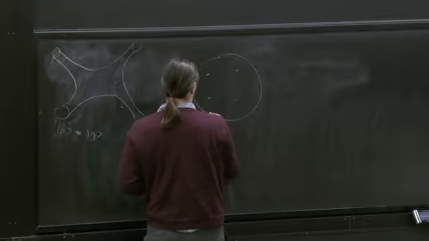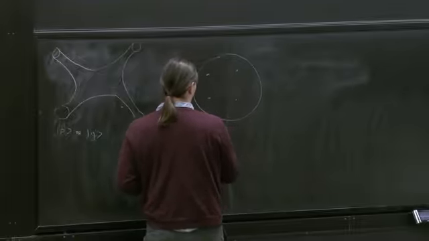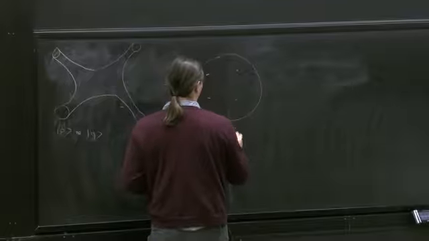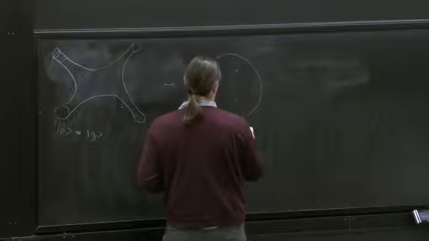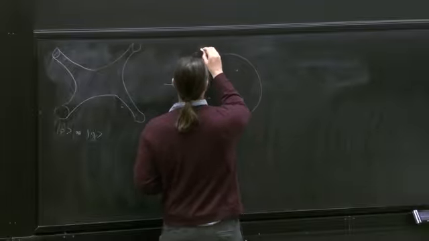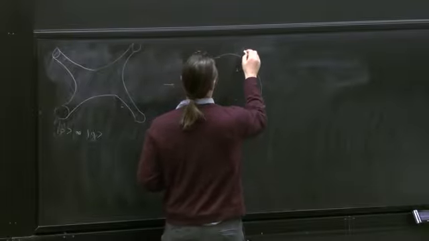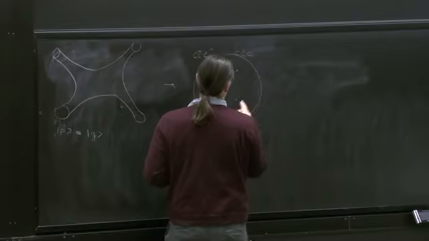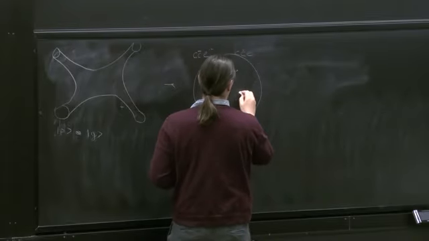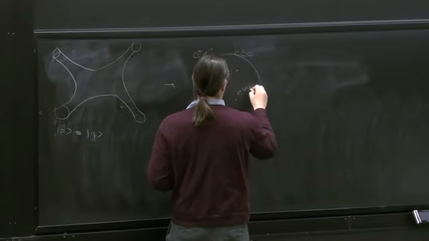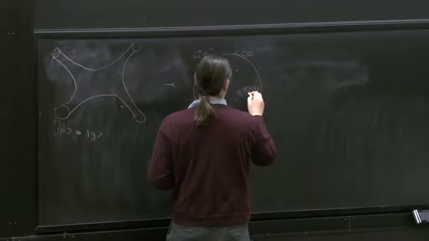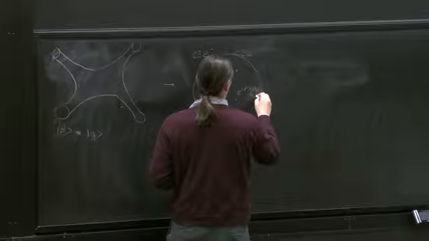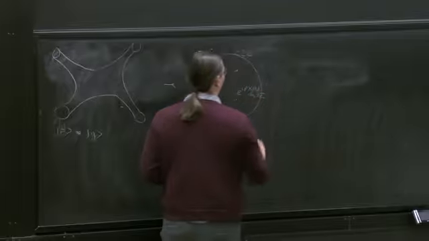with insertions which can be either c bar e to the i p x, and at the fourth point, instead we put just e to the i p x, the z4 bar, and integrate over.